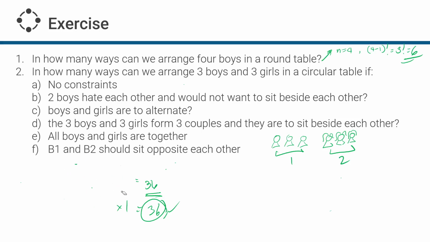All boys and girls are together. B1 and B2 should sit opposite each other. So it will look like this. Okay, whatever that may be.